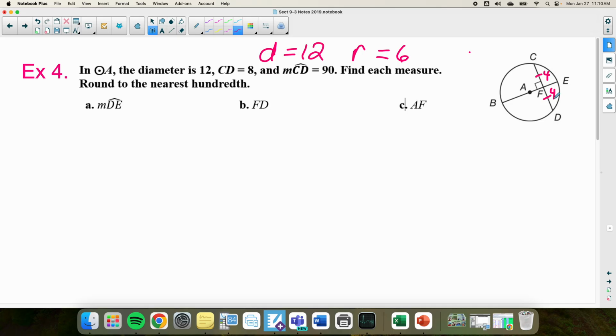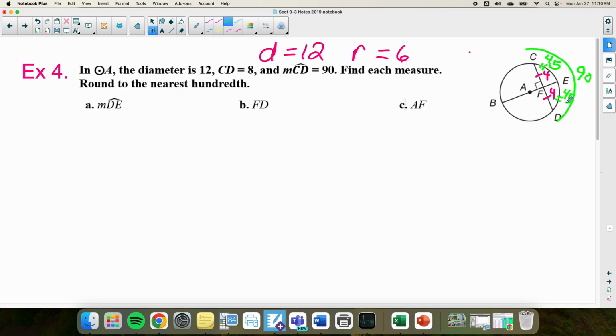Then it tells us that the arc from C to D here is 90. And wouldn't these two pieces be equal from what we learned today? Because the diameter is perpendicular to the chord. So if this is 90, each of these is 45. Okay? Then it says find each measure.